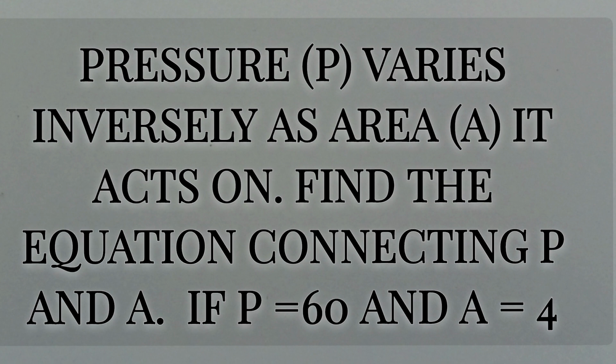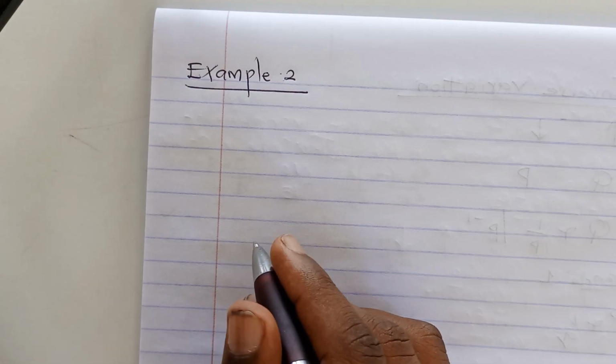Find the equation connecting P and A if P is equals to 60 when A is equals to 4.